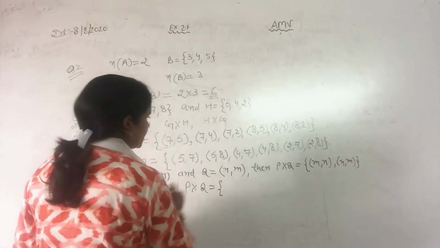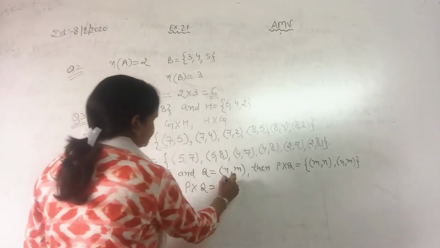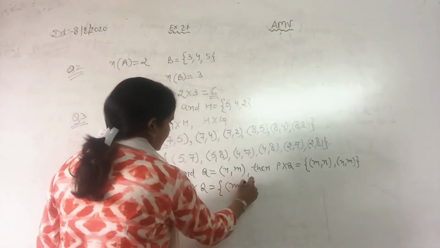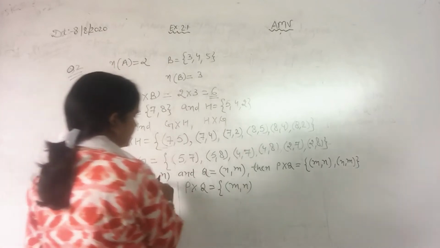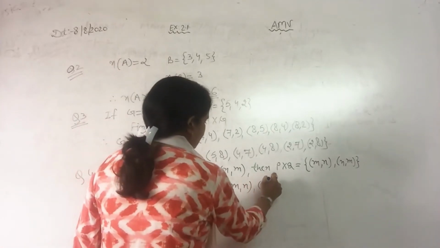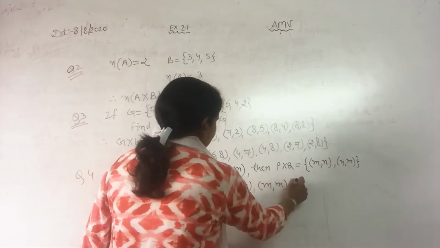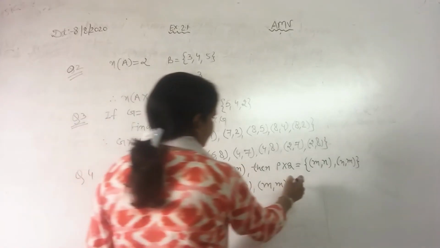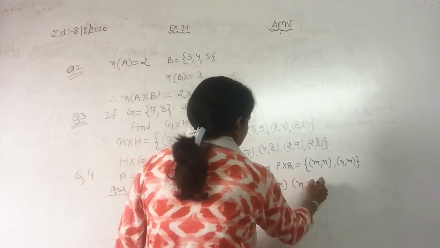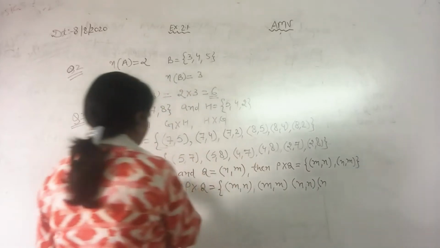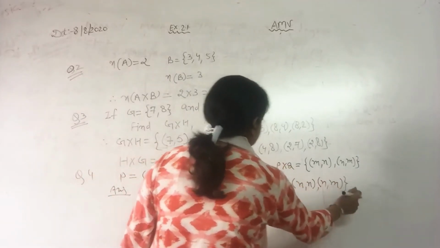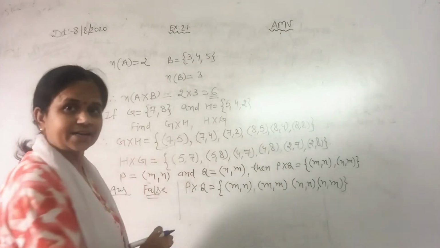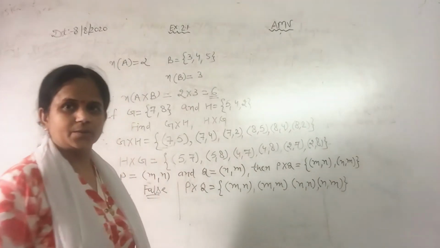Cartesian product P×Q would be (M, N) first from P, first element from P and then (M, M), next (N, N), and next is (N, M). So the correct answer is this, Cartesian product of P×Q.